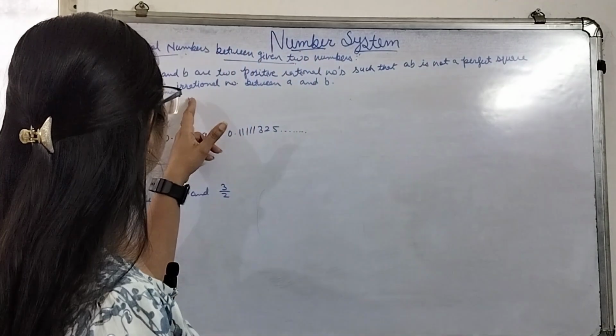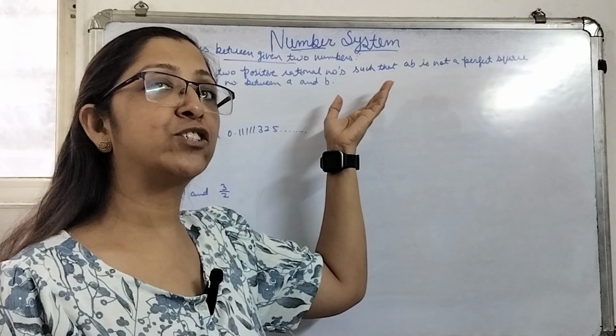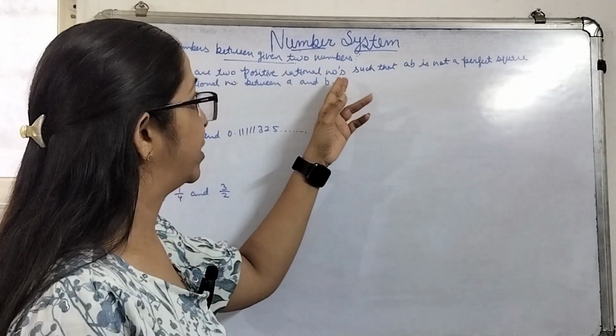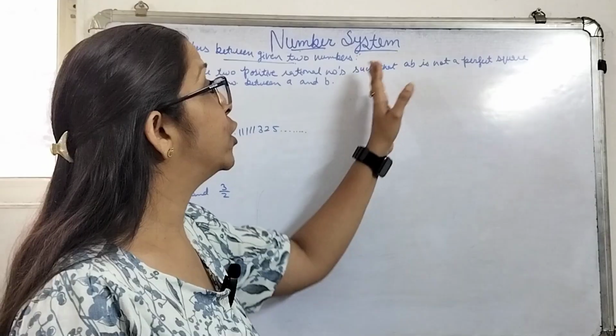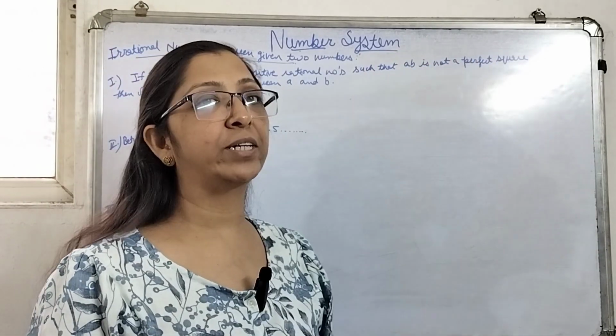Now the first condition is when any two positive rational numbers are given to us, say A and B, such that the product of these two numbers is not a perfect square.